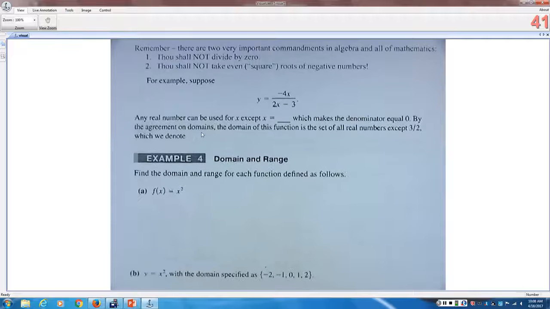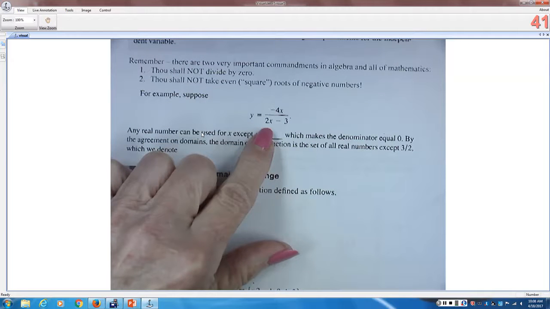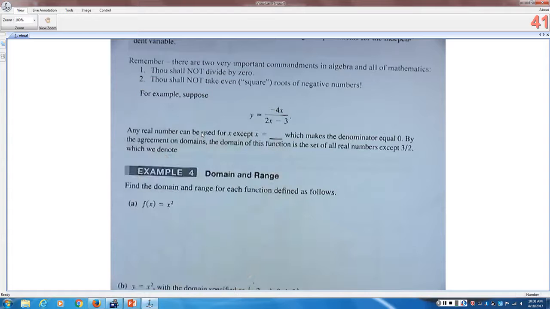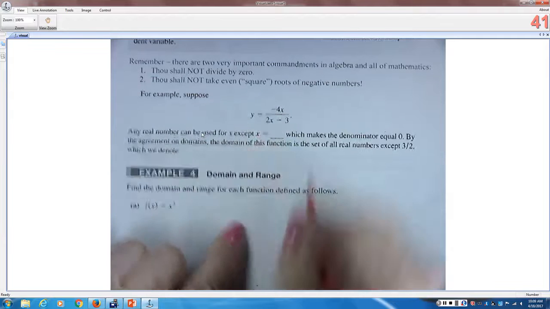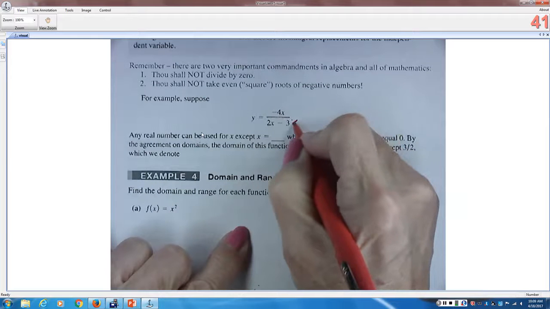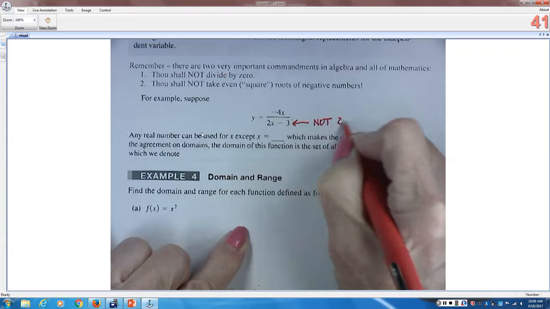And so my example here says, suppose that you have y equals -4x over 2x minus 3. Any real number can be used for x in this equation except what? No, I can actually use 0. Be careful. What I can't do is I cannot have that quantity to be 0.